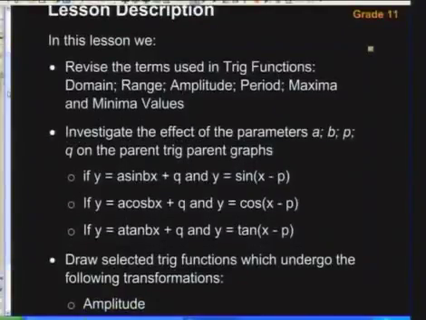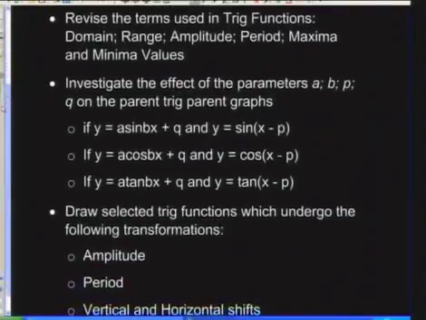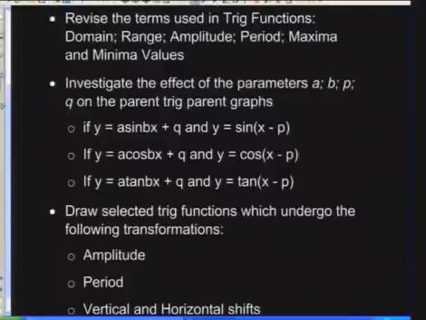In this lesson, we're going to revise the terms often used in trig functions and in some other functions as well. We're going to look at domain, range, amplitude, period, maxima, and minima values. We're going to investigate the parameters a, b, p, and q on the parent trig graphs, so that we'll eventually look at what y equals a sine bx plus q, as well as y equals sine of x minus p looks like.